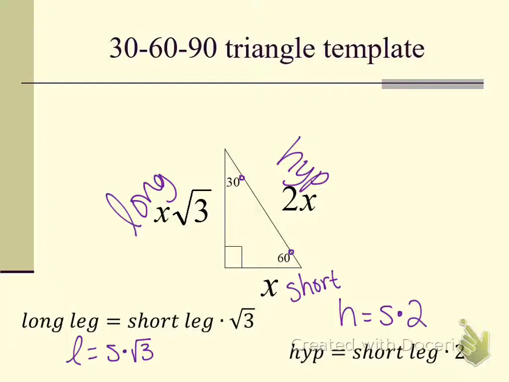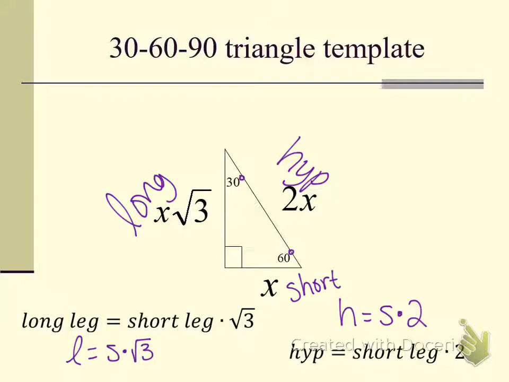That's what the one down here that's covered up by the logo says. Now, they labeled this diagram with the short leg being an x. That won't always be the case, but if the short leg is x, then the hypotenuse is 2x, and the long leg is x root 3.